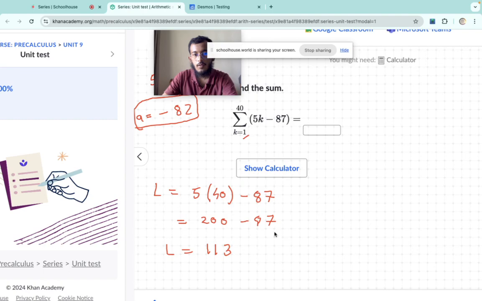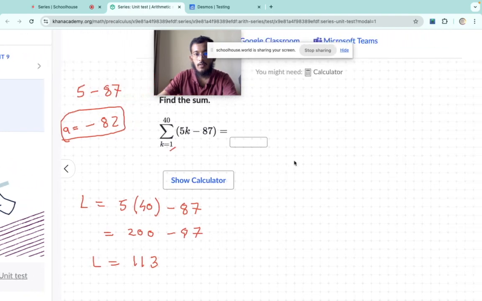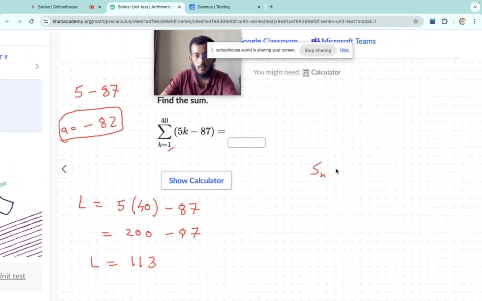And we know that the formula for Sn is first term plus last term, divided by 2, multiplied by n, the number of terms. We know that n equals 40 because from k equals 1 to 40 we have 40 terms.